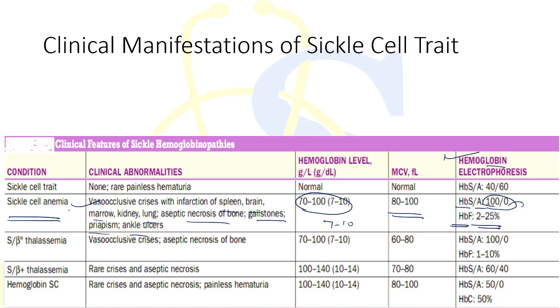Now, when we consider sickle cell trait, that is abnormality in only one chromosome, it is often asymptomatic, and it is rarely associated with anemia and painful crisis.